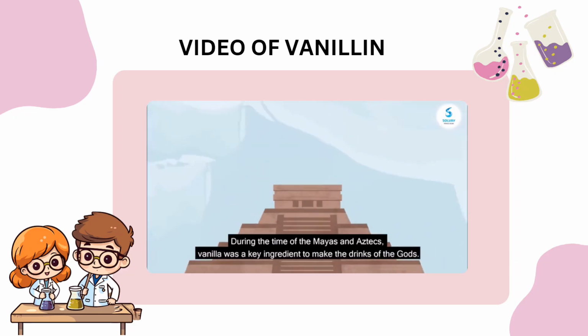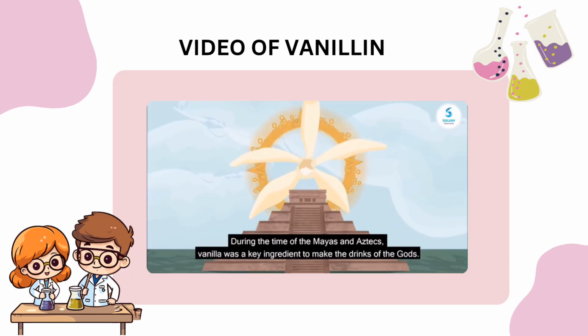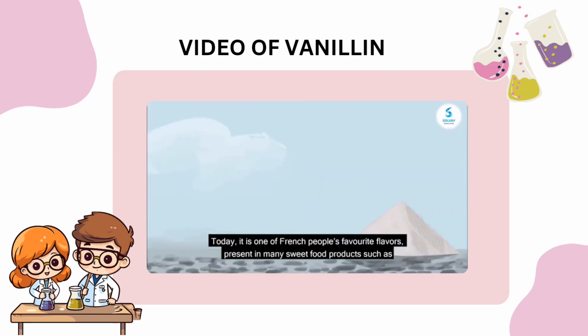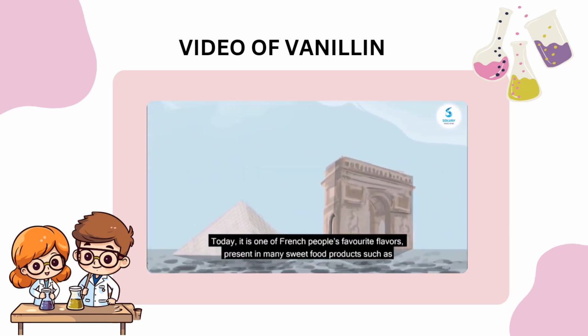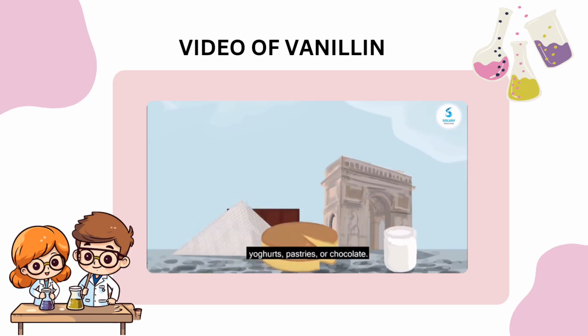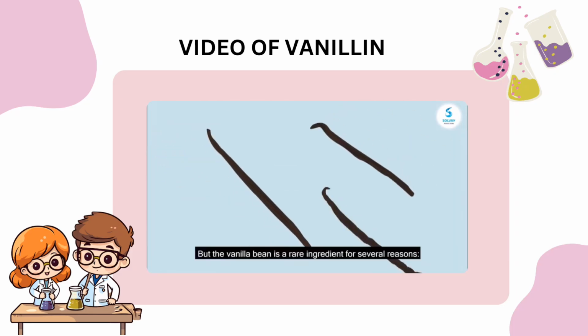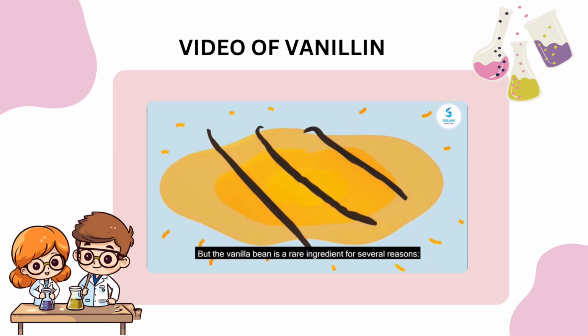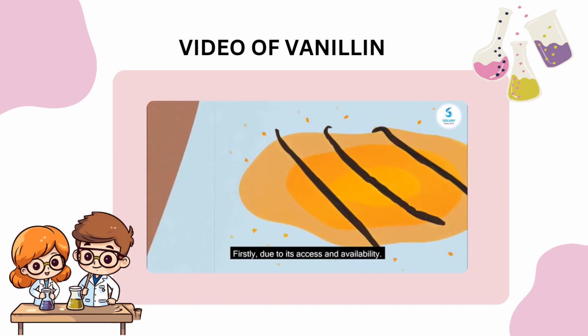During the time of the Mayas and Aztecs, vanilla was a key ingredient to make the drinks of the gods. Today, it is one of French people's favorite flavors, present in many sweet food products such as yogurts, pastries, or chocolate. But the vanilla bean is a rare ingredient for several reasons. Firstly, due to its access and availability.